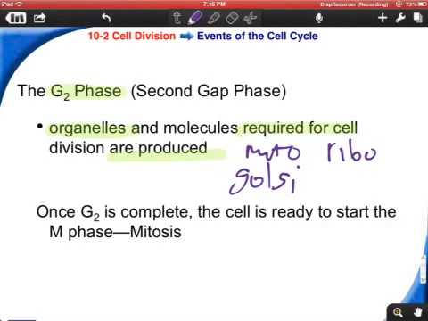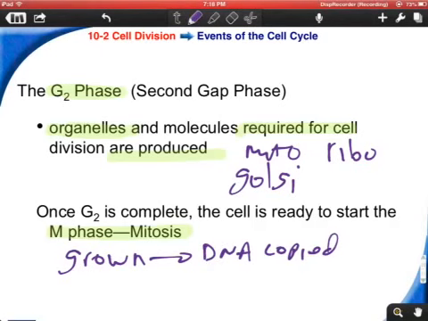Basically, after the cell gets itself all ready to go, it is then going to enter the M phase, which we know is mitosis. So far, the cell has gone through growth, and then DNA is copied. And then the next stage here, it kind of ran out of screen here, the organelles are copied.